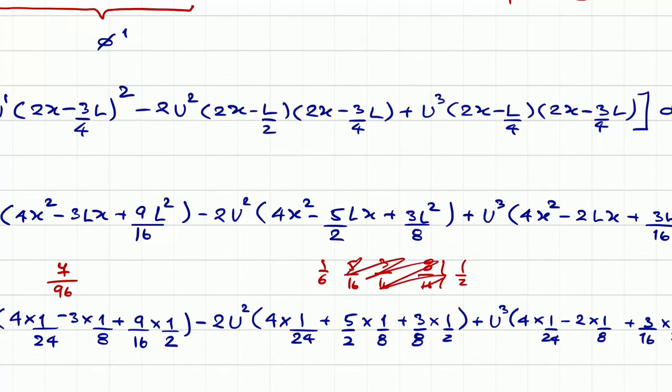Add up with 1/6. I get 7. No. A half and 1/6. 4/6, right? A half, which is 3/6. 4/6 is 2/3. So I get 4/3, right? From here. 4 over 3.